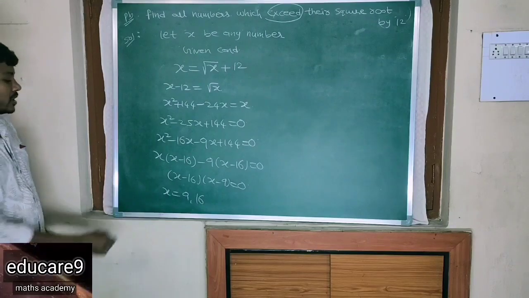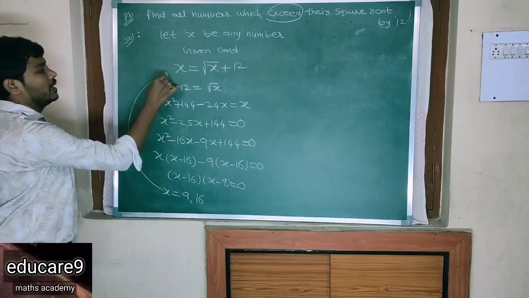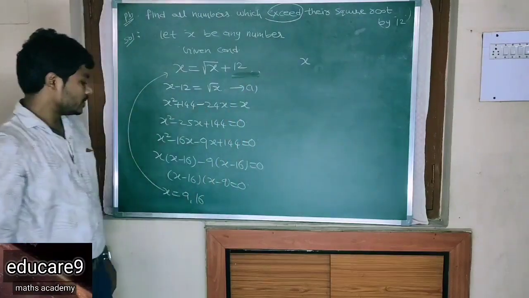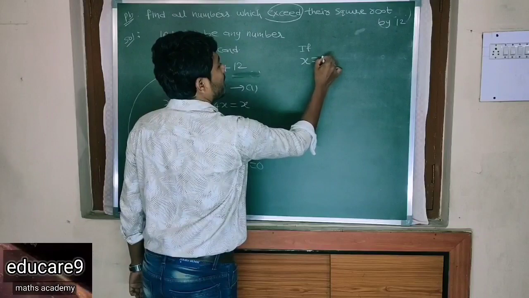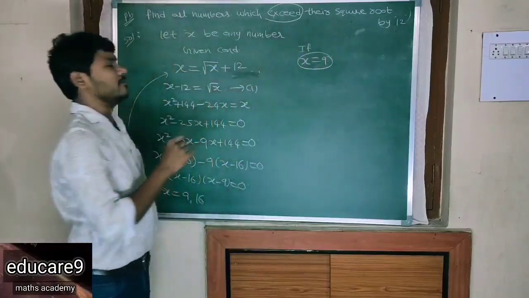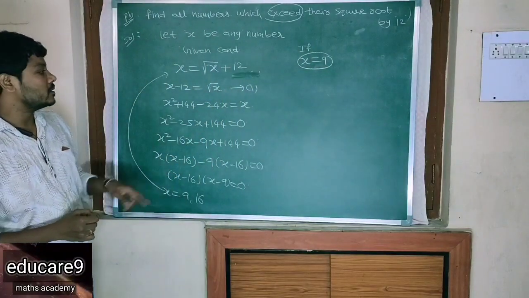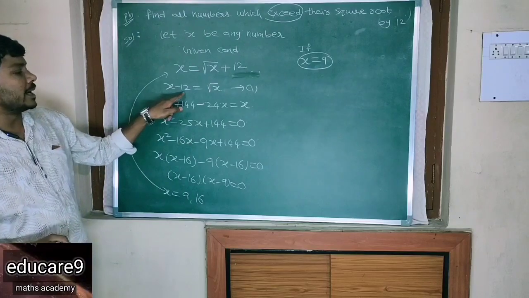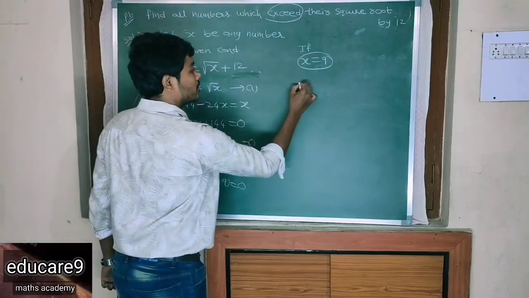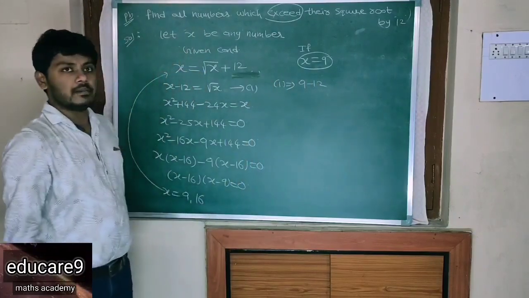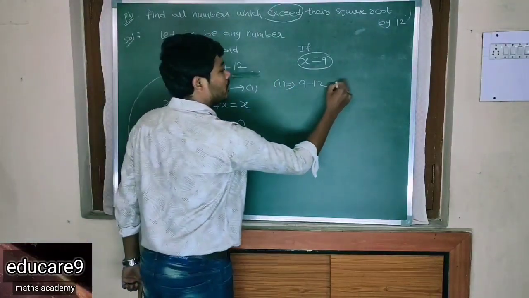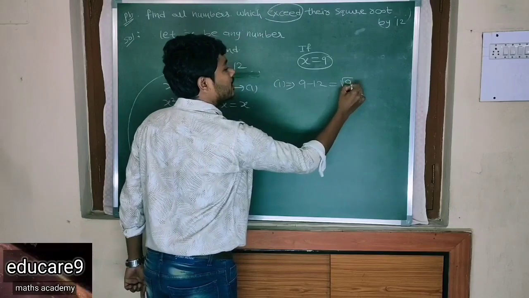Now substitute these values in this equation 1. If x is equal to 9, so what do you get here? From equation 1, 9 minus 12 is equal to root 9.